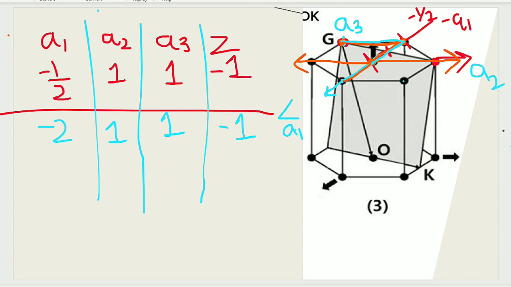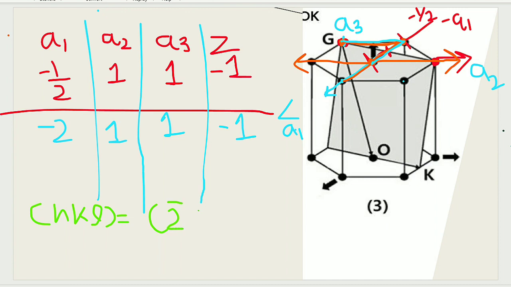Now we want to write the Miller index. Miller index is H, K, L in round brackets for indices of planes. For indices of direction we use square brackets, but for planes we use round brackets. So H is the index you get for a1, which we got as -2, so 2 with the bar over it.